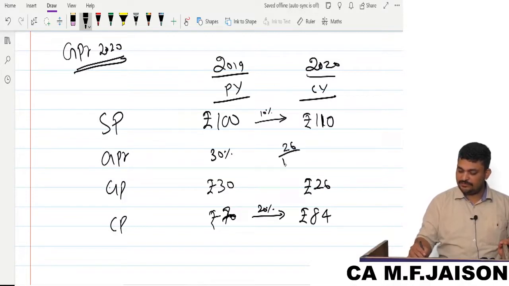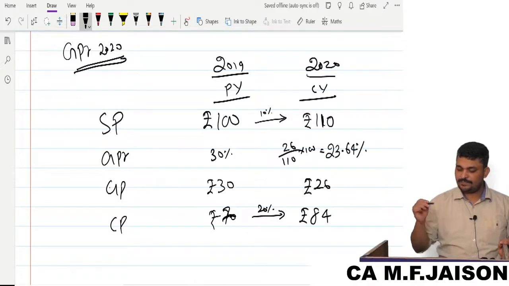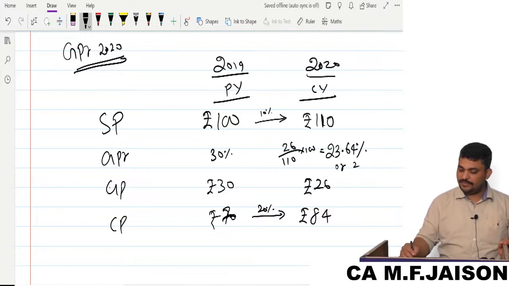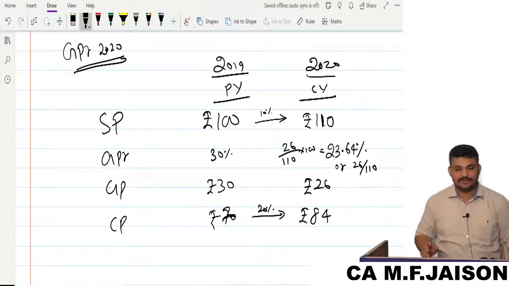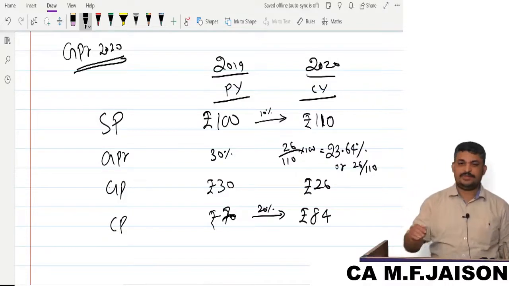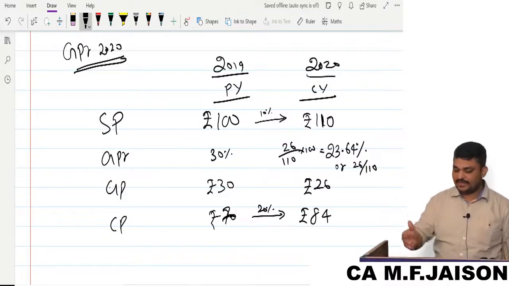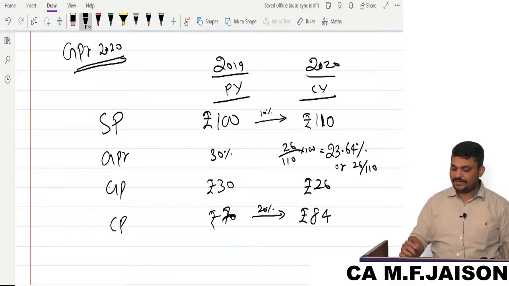So it is 26 by 110 into 100, which is 23.64. Or you can simply mention it as 26 by 110. In a fraction, it is only 26 by 110, correct? Profit by selling price, 26 by 110. In terms of percentage, you multiply by 100, you get 23.64.